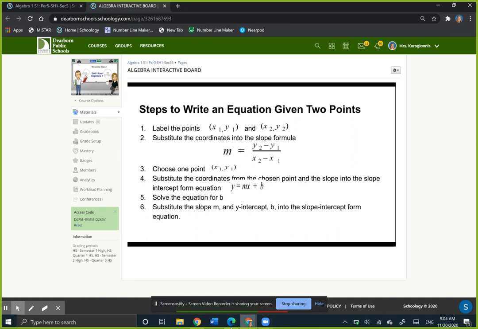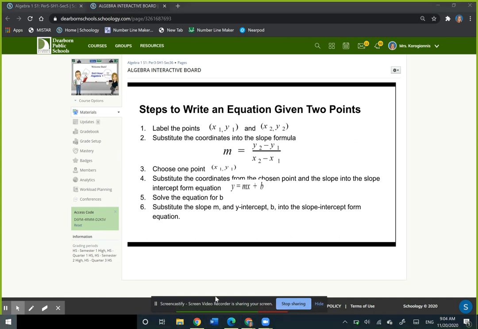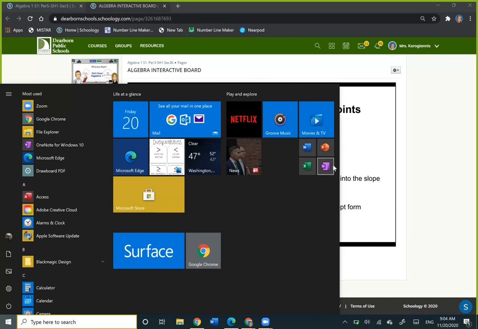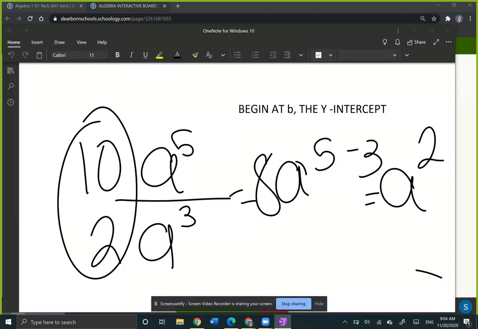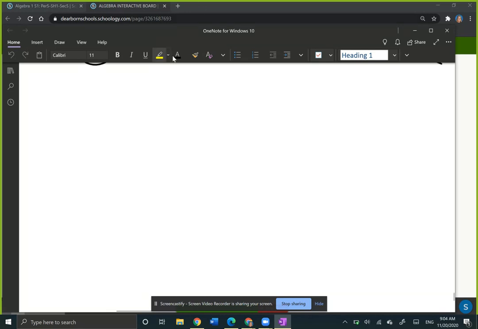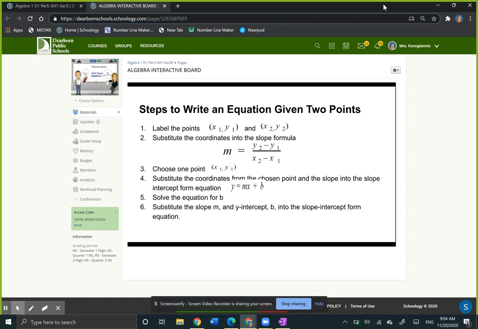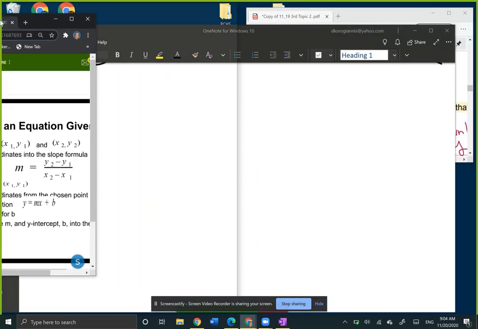All right, so let's do this. Let me open up my OneNote. And I guess I didn't have a flow map for you guys for this one, but maybe I'll make one now to help you guys. But the steps are right here.